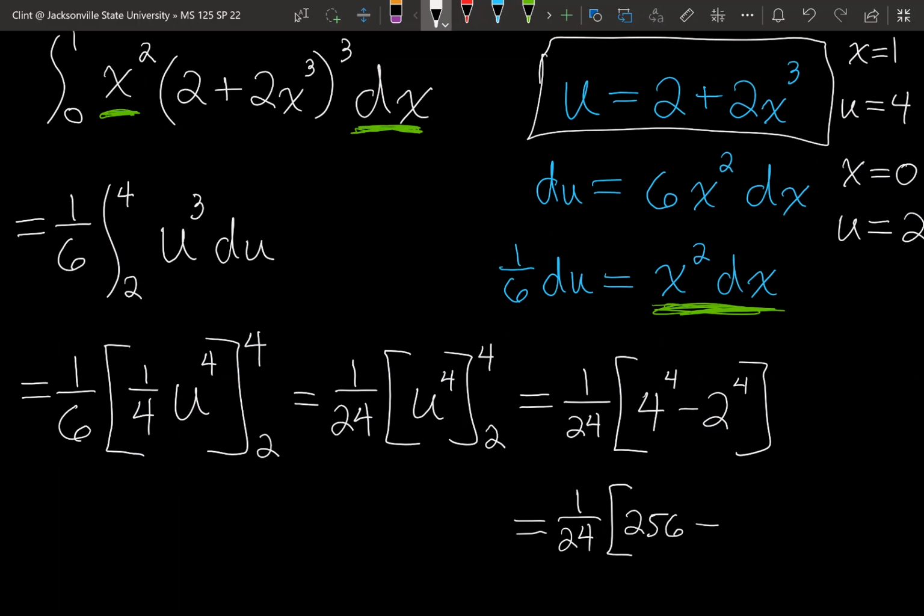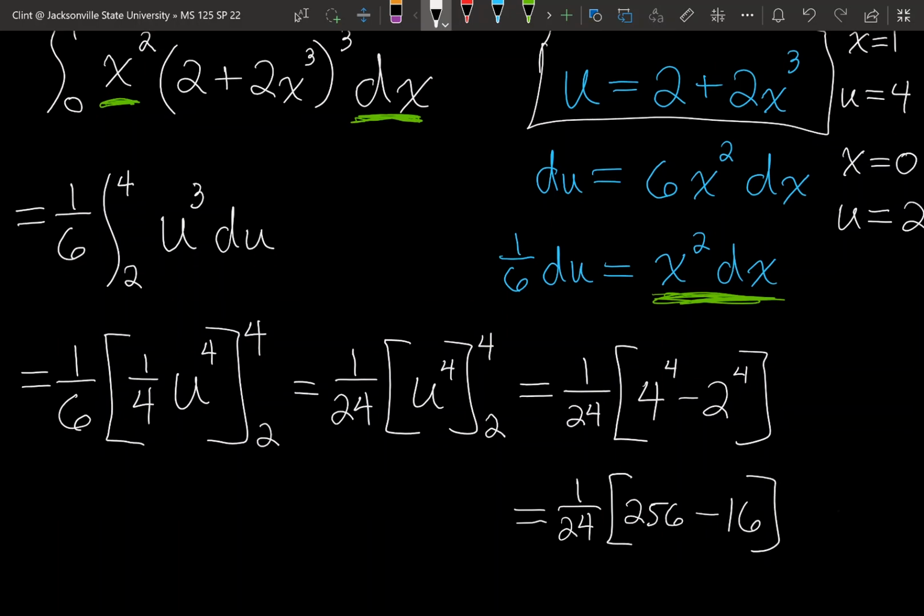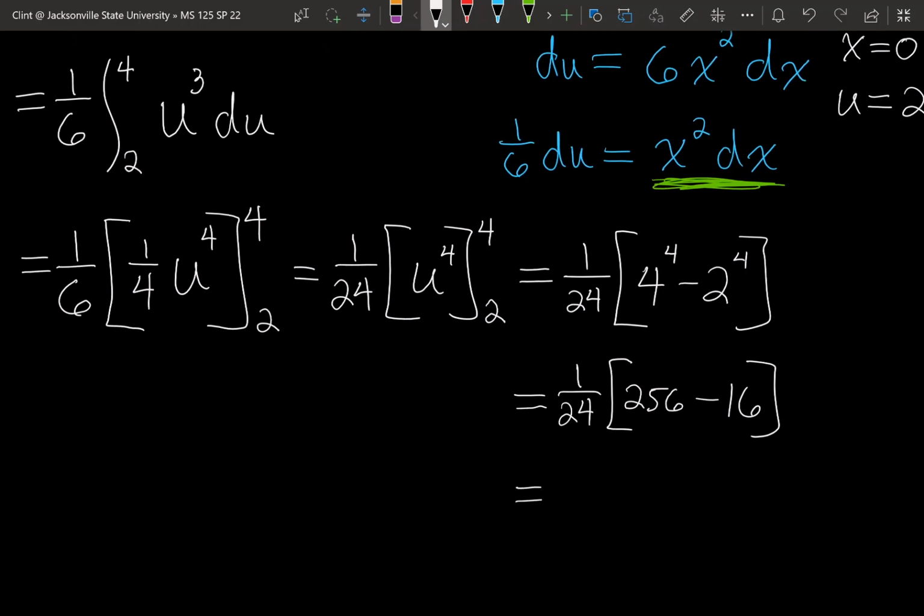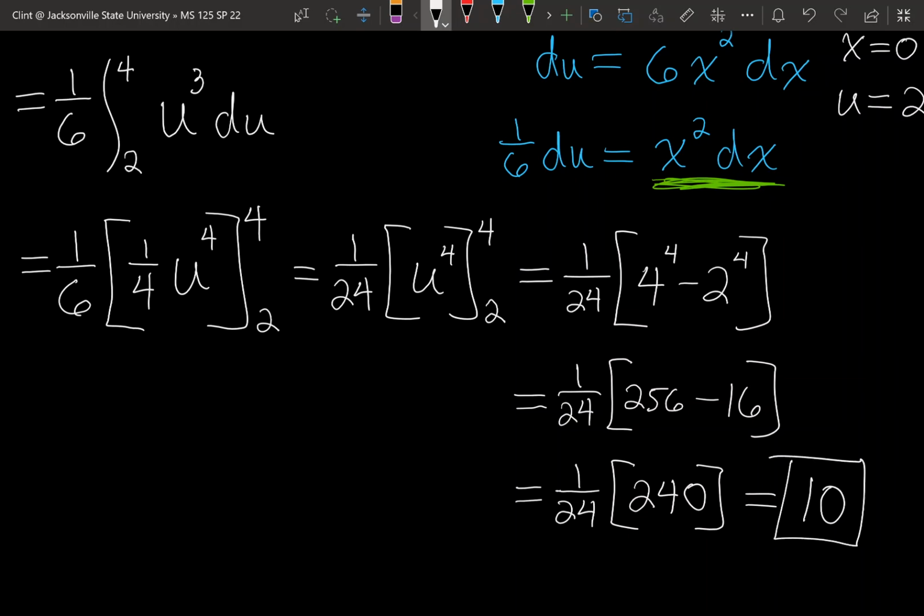And then minus 16. So that's 1/24 times 240. This one comes out nice.